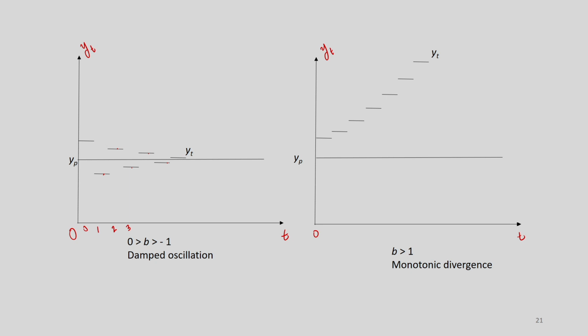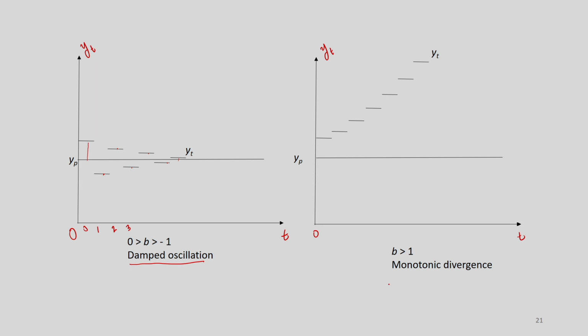Likewise, it will go on in an oscillatory manner, but the point to note is that the gap between y t and y p is declining over time. Initially it was this much, but at this stage you can see that the gap has come down a lot. That is why it is called damped oscillation, and this is the case where b lies between 0 and minus 1.